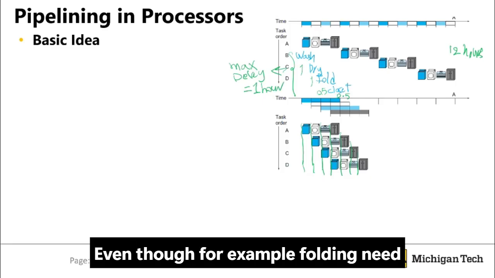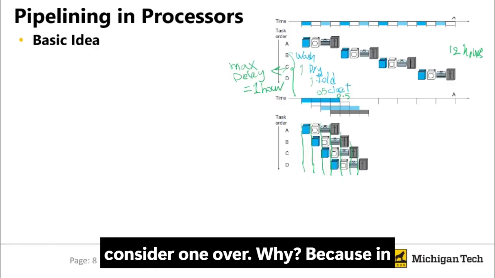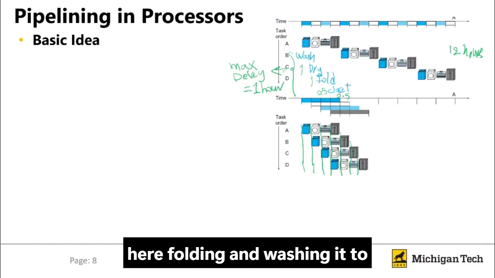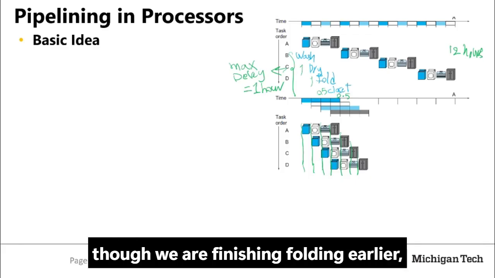Even though, for example, folding needs half an hour, we need to consider 1 hour. Why? Because folding and washing need to be done at the same time, so we need to wait. Even though we finish folding earlier, we still need to wait.